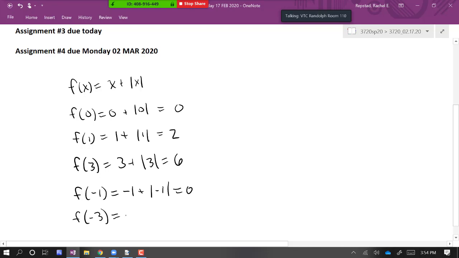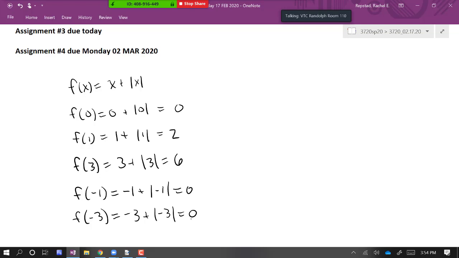What do we get? 0 again. So let's think about these particular ones. You could find other numbers too. There's nothing special about these exact ones that I picked, but we could look at these particular ones.